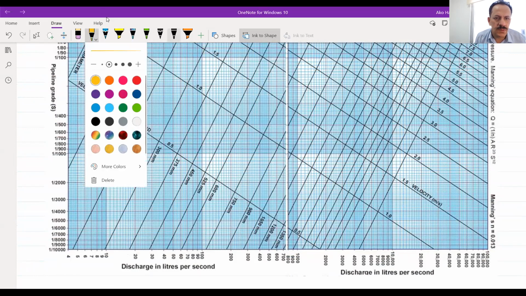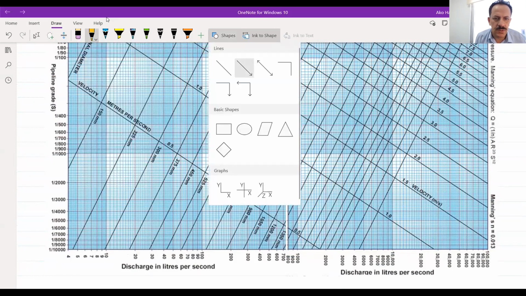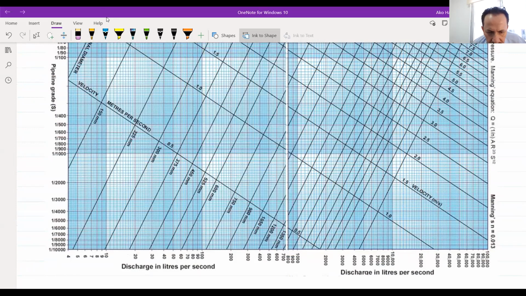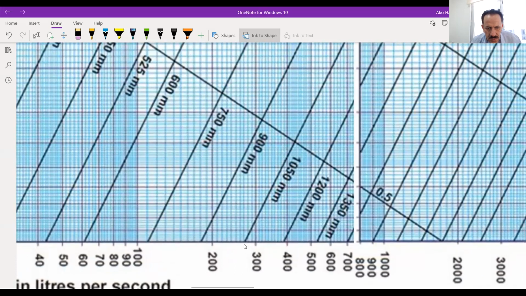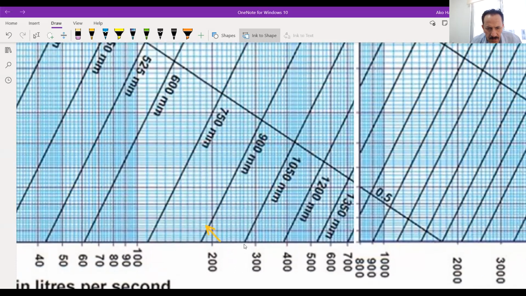I will use the yellow one. I will use 200. This is 200. 210, 220. It means it will be about this.